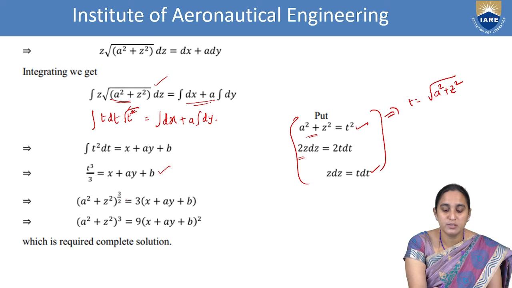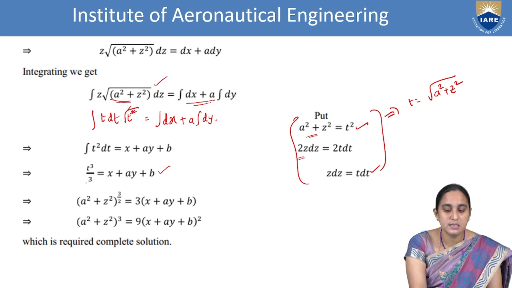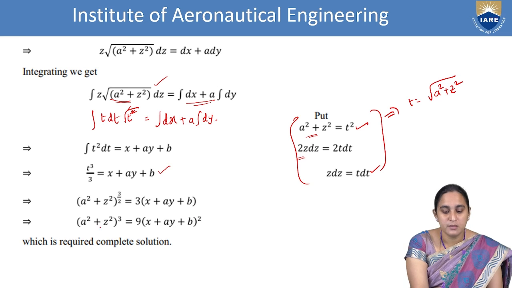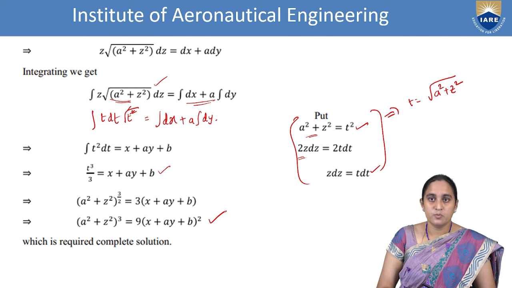Here already cube, that's why I'll write a square plus z square whole power 3 by 2. That is equal to x plus ay plus b. I'll take this 3 to the LHS side, that is 3 into x plus ay plus b. Therefore, a square plus z square whole cube is equal to 9 into x plus ay plus b whole square. This is the complete solution for the second question.